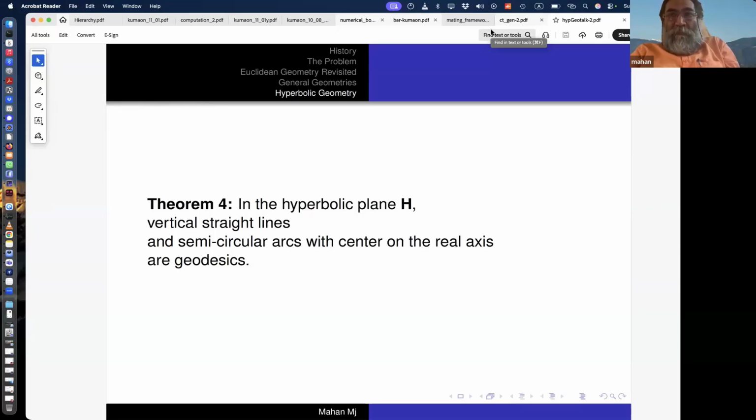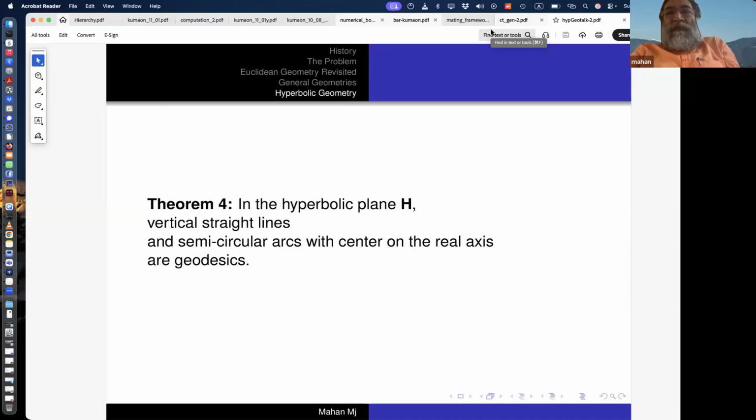But now suppose you're given one straight line, which means take a vertical line as our standard object. Take a point outside it.